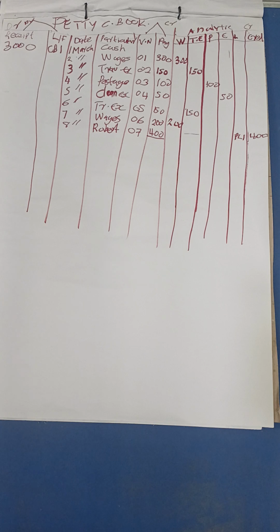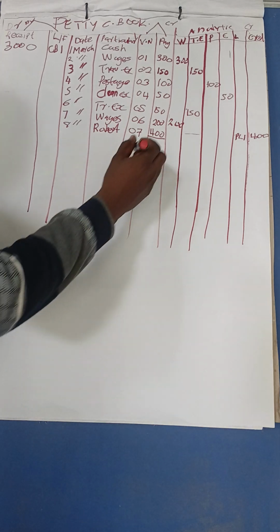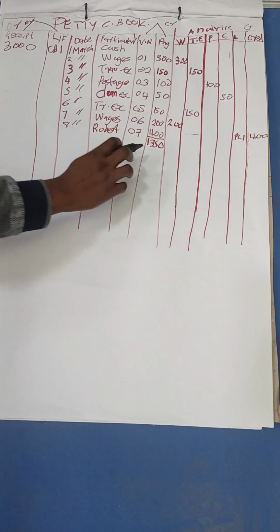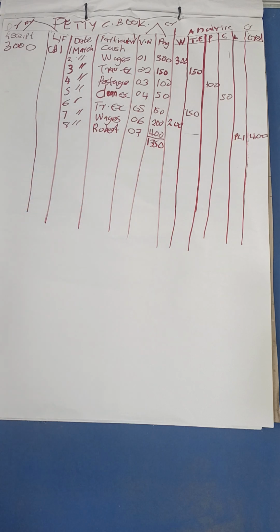So I have 1350. So the total payments was 1350. So this 1350 is the one the petty cashier will be reimbursed with.